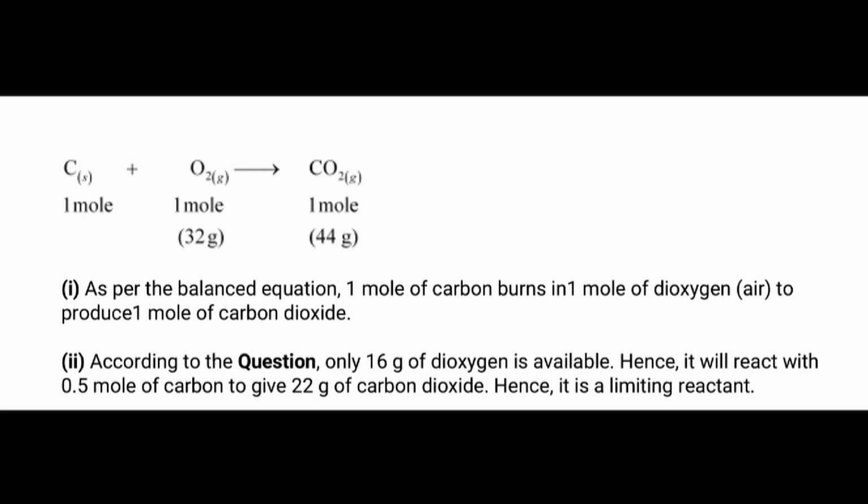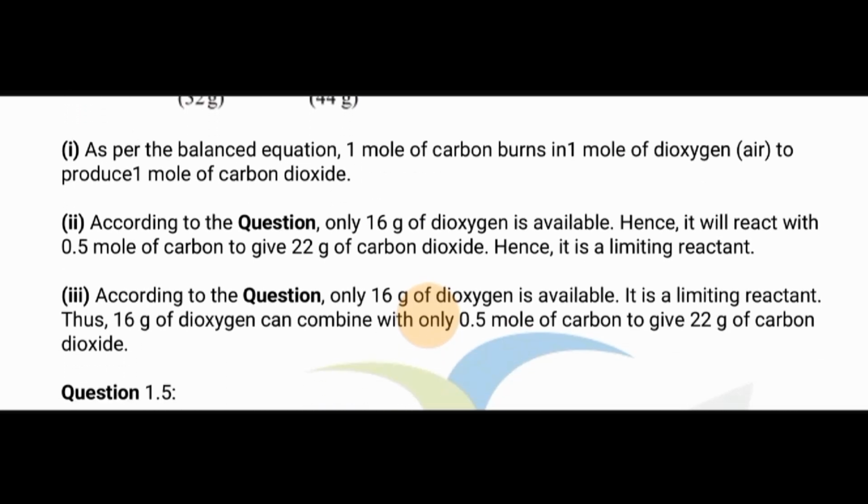So as per balanced chemical equation, this equation told us that 32 gram oxygen produced 44 gram CO2. भाई 32 ग्राम ऑक्सीजन तो 44 ग्राम CO2 प्रोड्यूस करती है. तो 16 ग्राम ऑक्सीजन कितना प्रोड्यूस? जस्ट हाफ, एग्जैक्टली हाफ, 32 हाफ. तो जब 32 से 44 प्रोड्यूस होती है तो 16 कितना प्रोड्यूस करेगी? 22. 22 ग्राम ऑफ CO2.